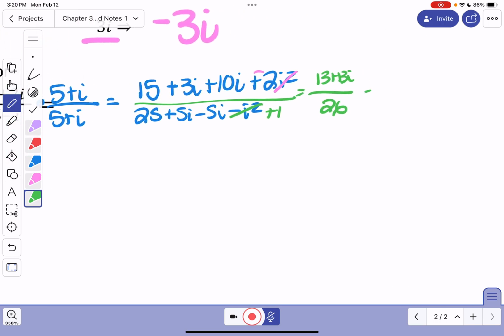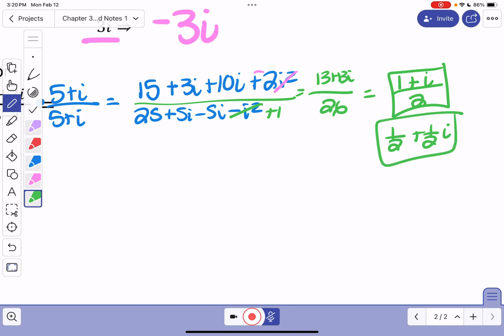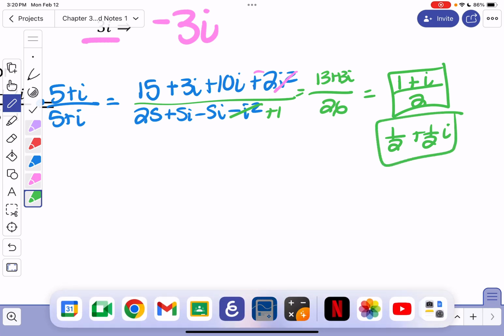And then 13 is half of 26. So we could write 1 plus i over 2. We could say 1/2 plus 1/2 i. Those are both accurate. The calculator will end up saying 0.5.